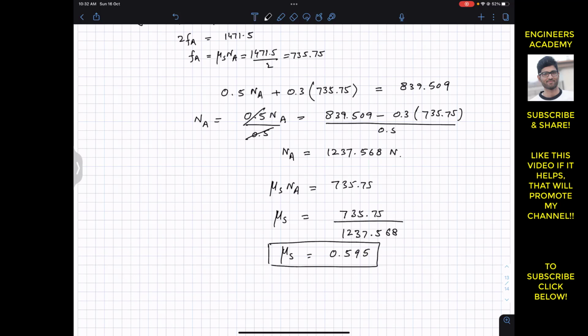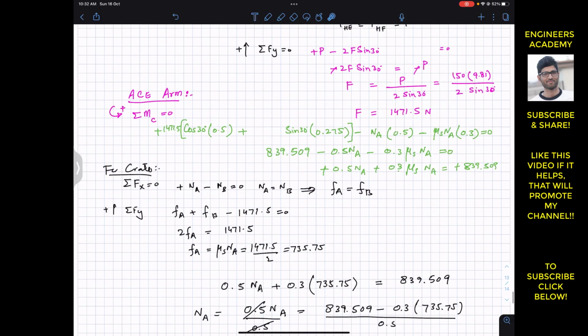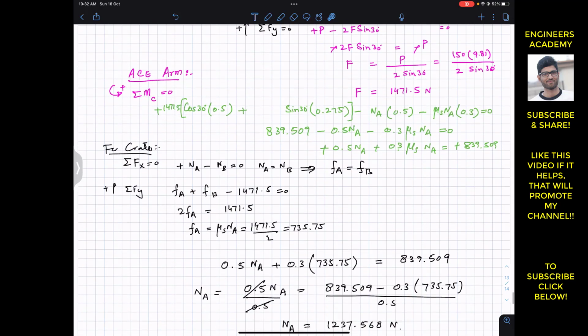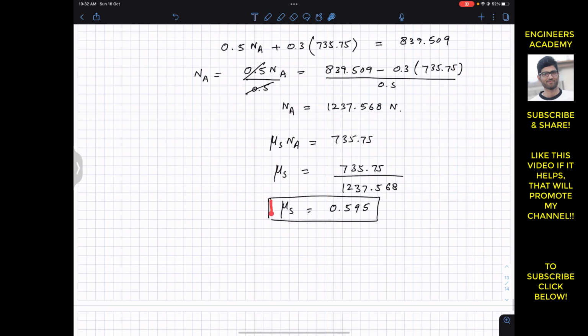So we can have this minimum coefficient of static friction equal to 0.595 for the crate of mass 150 kg. We can have the coefficient of friction greater than this mu S value, but we cannot have a tongue which has a mu S value less than this.